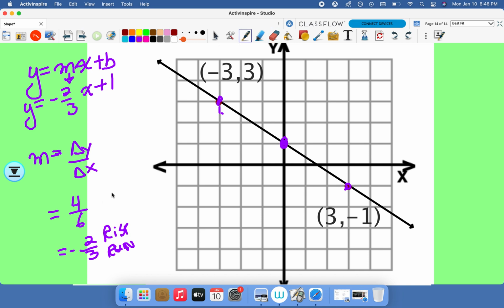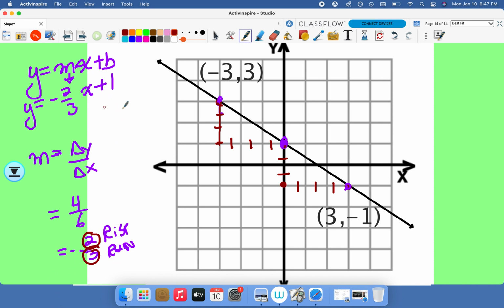Between this point and this point, isn't that 2 units? 1, 2, and there's my rise. And the change in x values, 1, 2, 3, isn't there? That's my 3. If you go to the next one, from here to here, isn't the change in y values 2? Yeah. And the change in x values 3. 1, 2, 3. So it's 2/3.